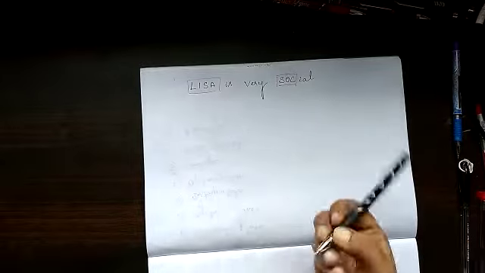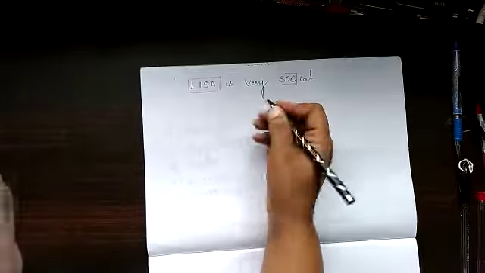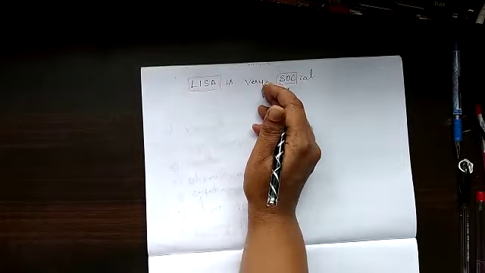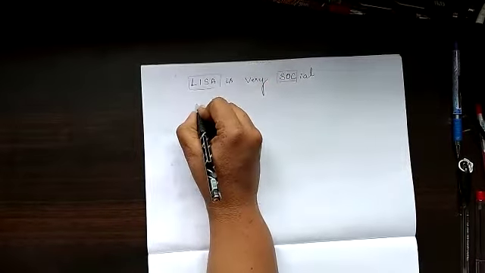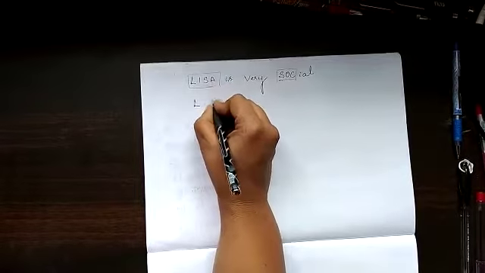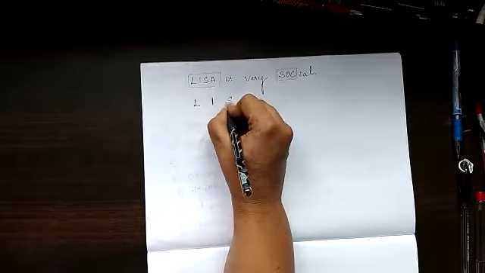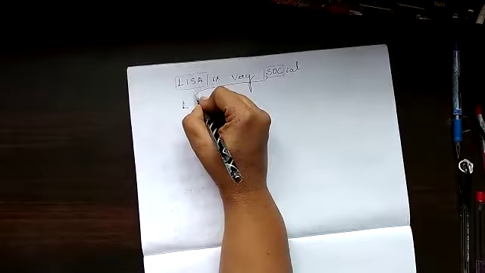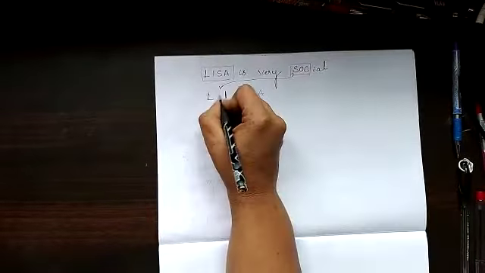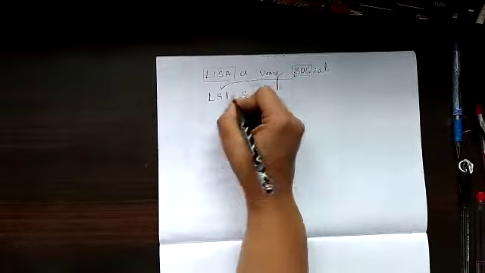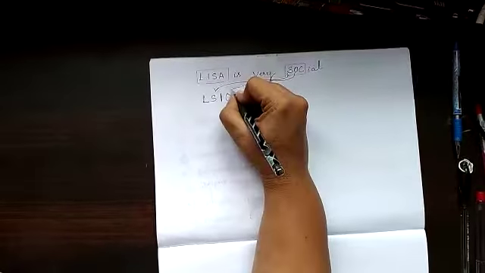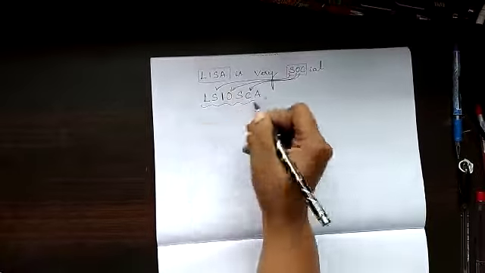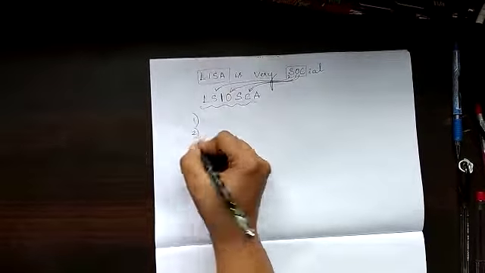Now how do I convert this phrase into the phases of a compiler? L, space, I, space, S, space, A. Then insert each of the characters S, O, C. This will give you the 7 phases of a compiler.